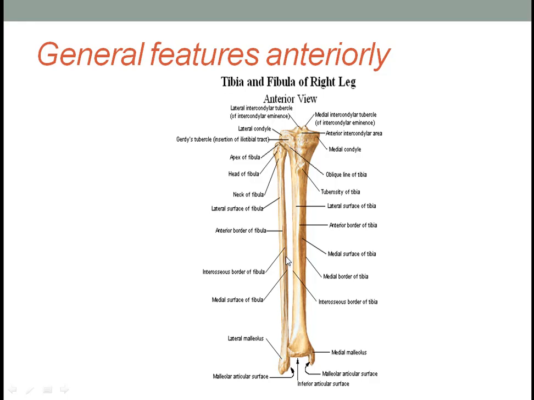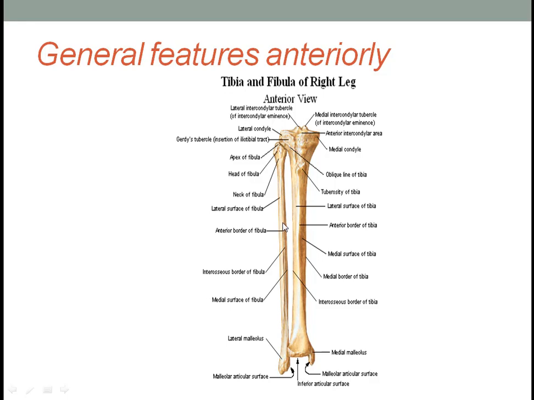It's a triangular bone, so we have the medial surface and we have a lateral surface. As you see here, we have a border, the interosseous border. This is the interosseous border, and this is the anterior border.